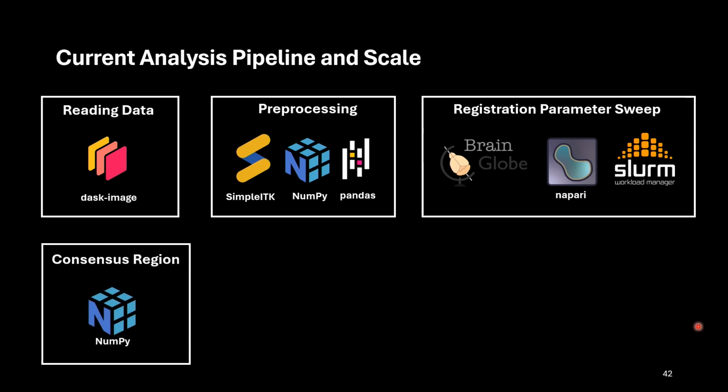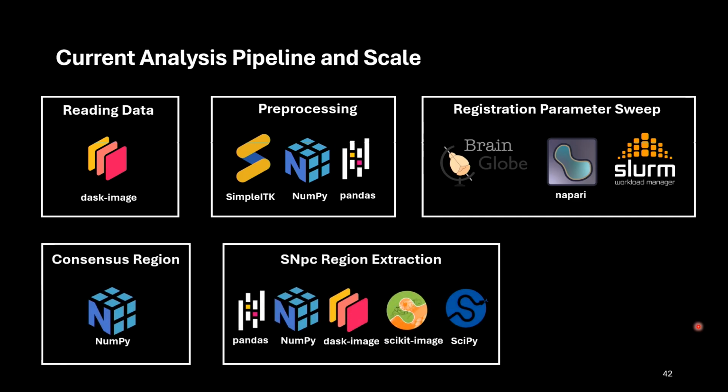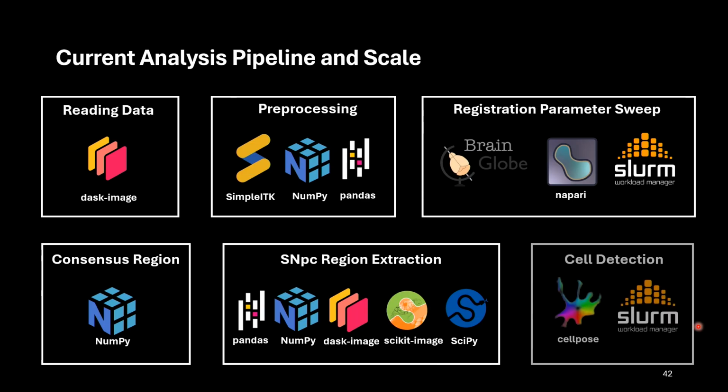Identifying consensus regions using NumPy. Extracting out the SNpc regions using tools including scikit-image and SciPy, and also running the cell detection at the end using Cellpose and Slurm. So all of this was wrapped into a pipeline that scales on our HPC clusters, which allowed us to analyze the 40 terabytes of data, and we've got another 40 terabytes incoming soon.